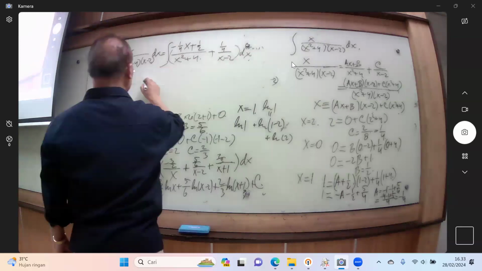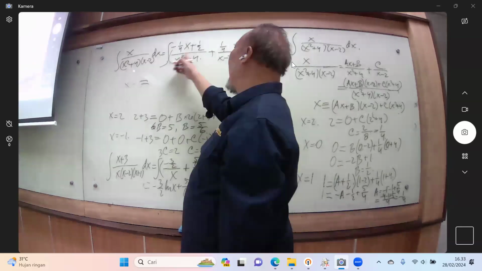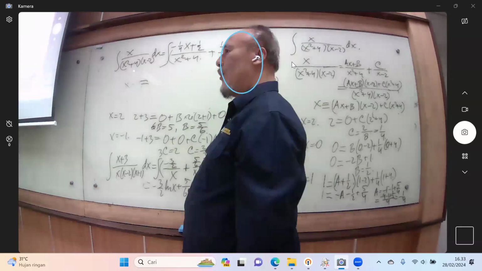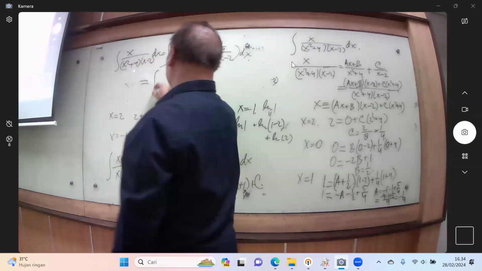Now, as I mentioned before, the derivative of x squared plus 4 is 2x. So we have the integral of 2x.